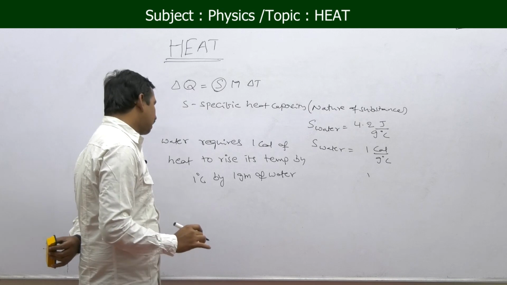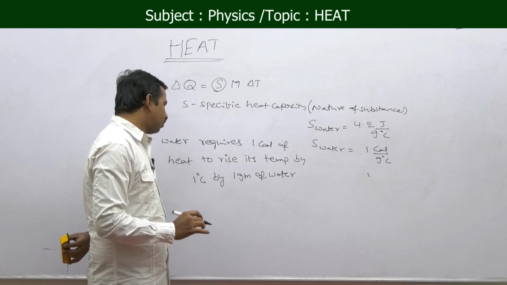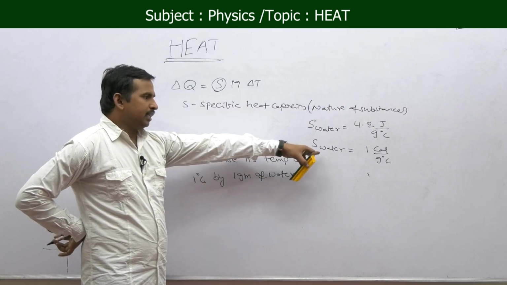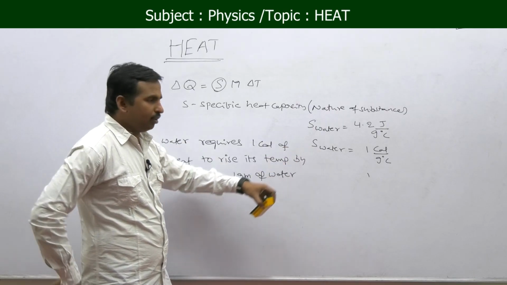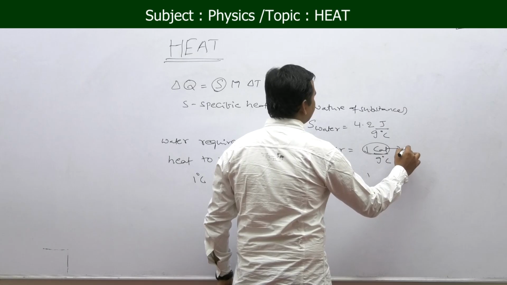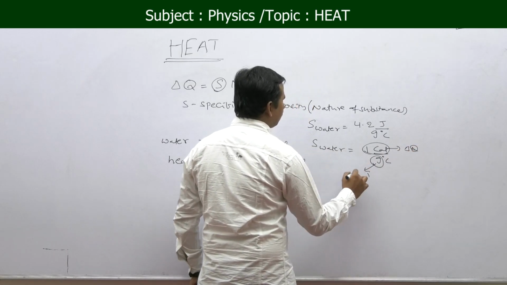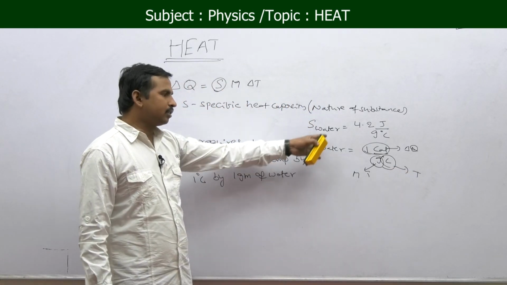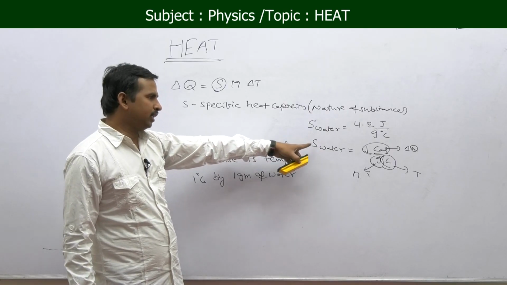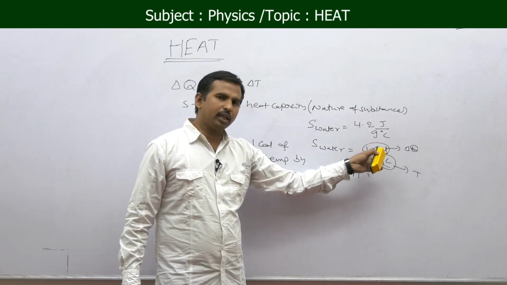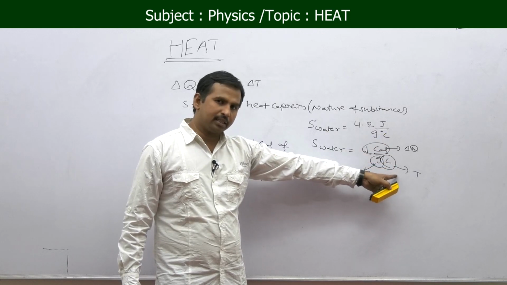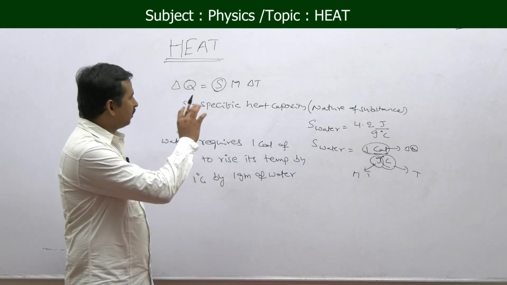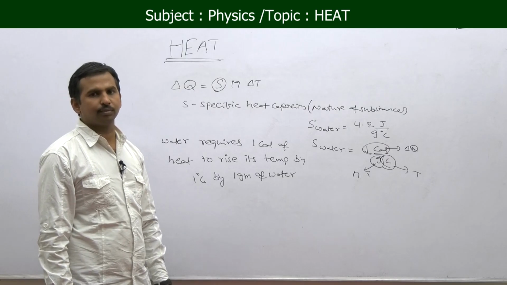That is the meaning of specific heat capacity, because 1 calorie is about heat, grams is about mass, and delta T is about the temperature change. So, as S is equal to Q by m delta T, the specific heat of water is the amount of heat energy required, 1 calorie, to raise its temperature by 1 degree Celsius, and the mass you are taking is 1 gram. That is the meaning of specific heat capacity.